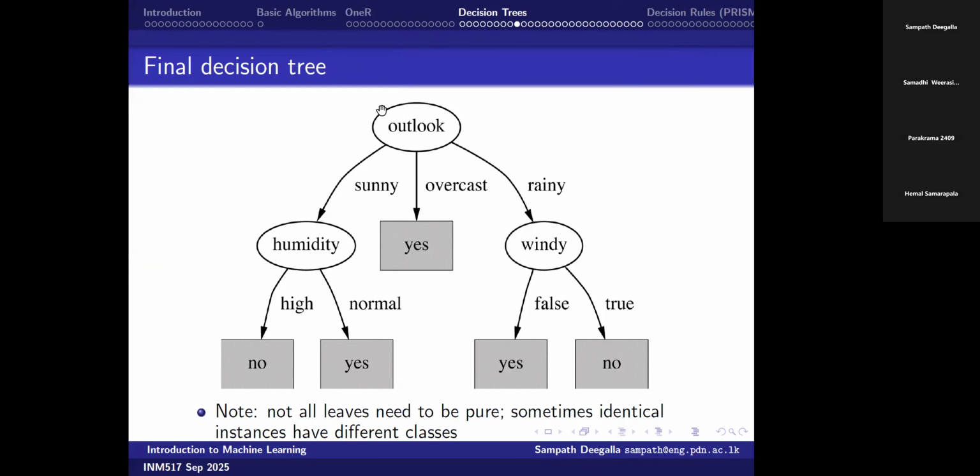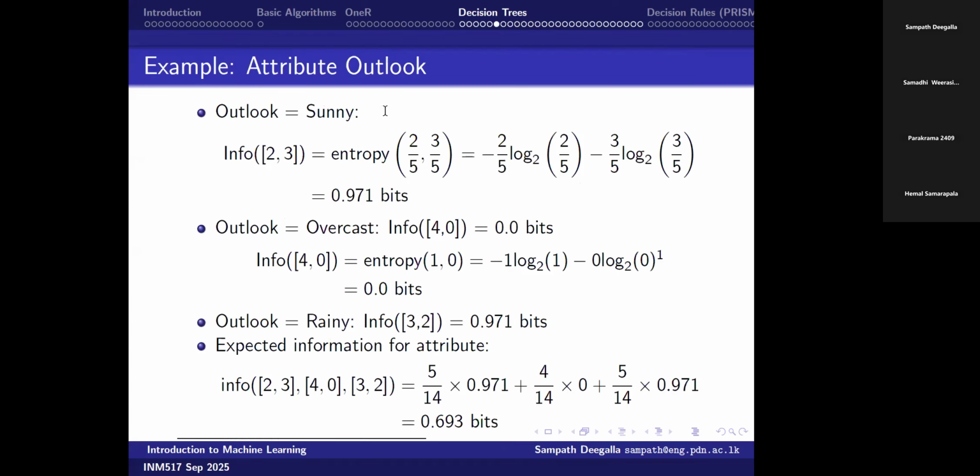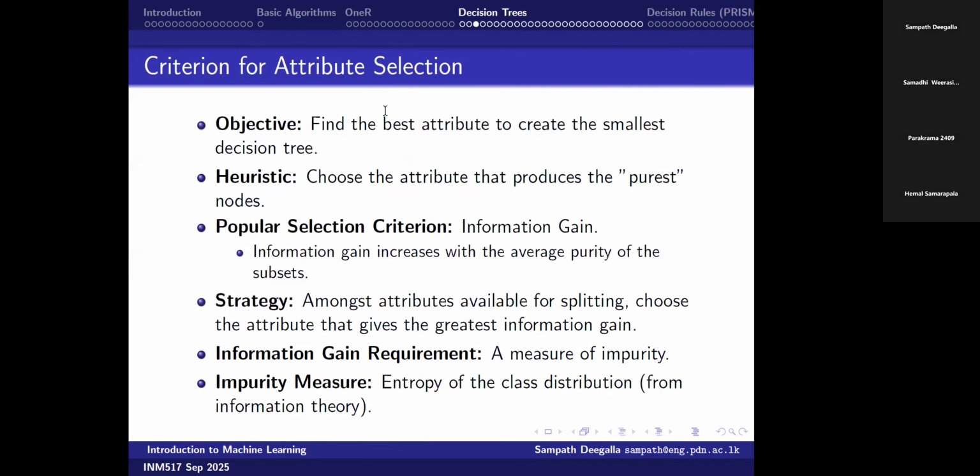Let me briefly go through the mathematical basis for this. So selection of attribute, visually it's okay for a small data set. But when you have a very complex data set, let's see how we can identify attributes which purely separate the data.